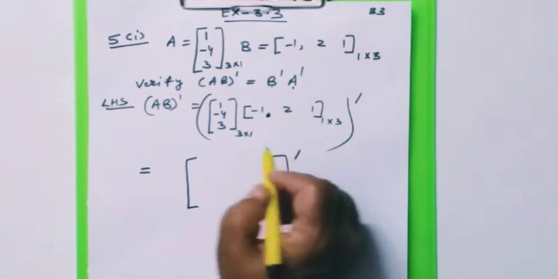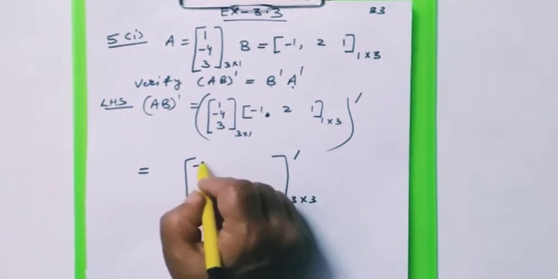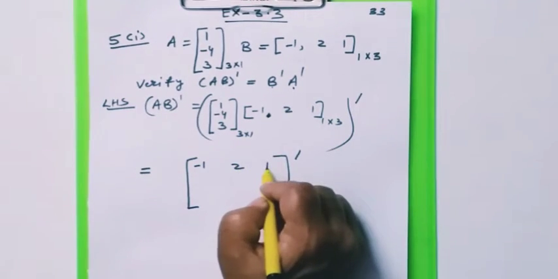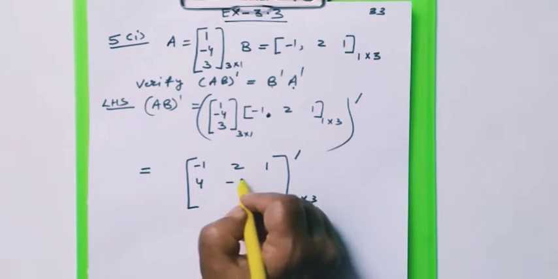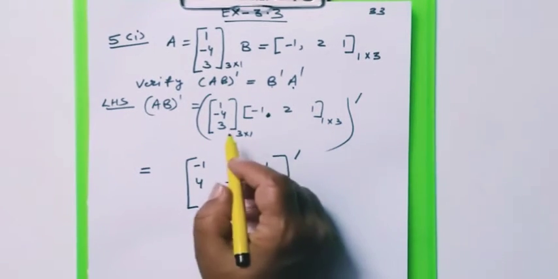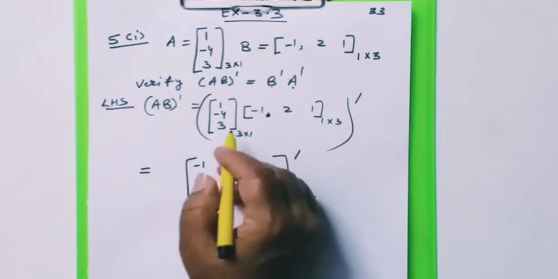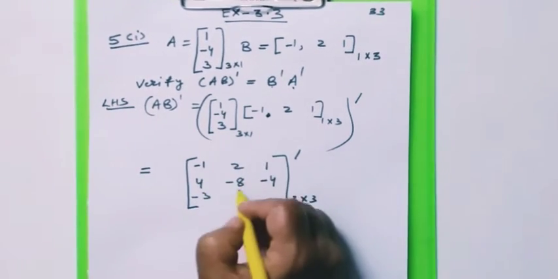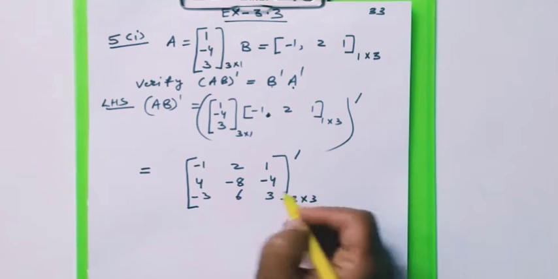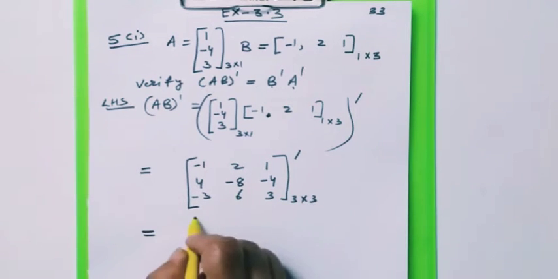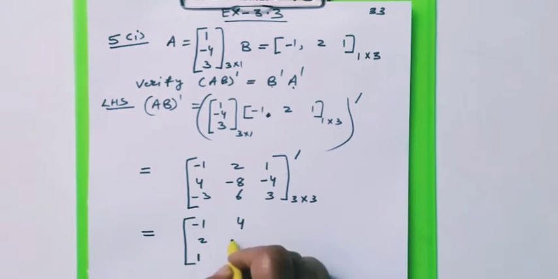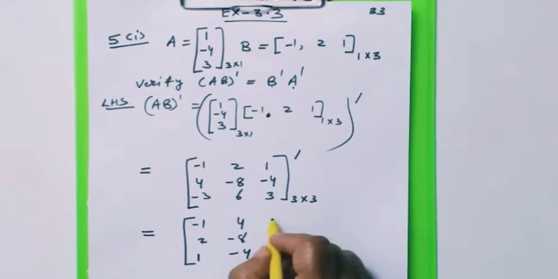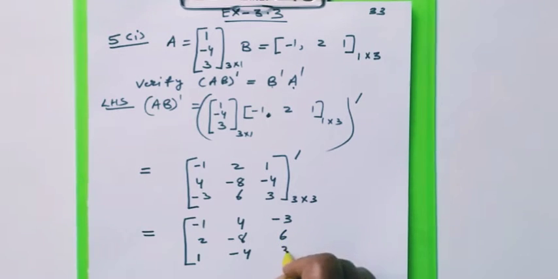So 1 into minus 1, 1 into 2, 1 into 1, then minus 4 into minus 1, minus 4 into 2 which is minus 8, and minus 4 into 1 is minus 4, then 3 into minus 1, 3 into 2, and 3 into 1. We take the transpose of this matrix and we get minus 1, 2, 1, 4, minus 8, minus 4, minus 3, 6, 3, which is also a 3 by 3 matrix.